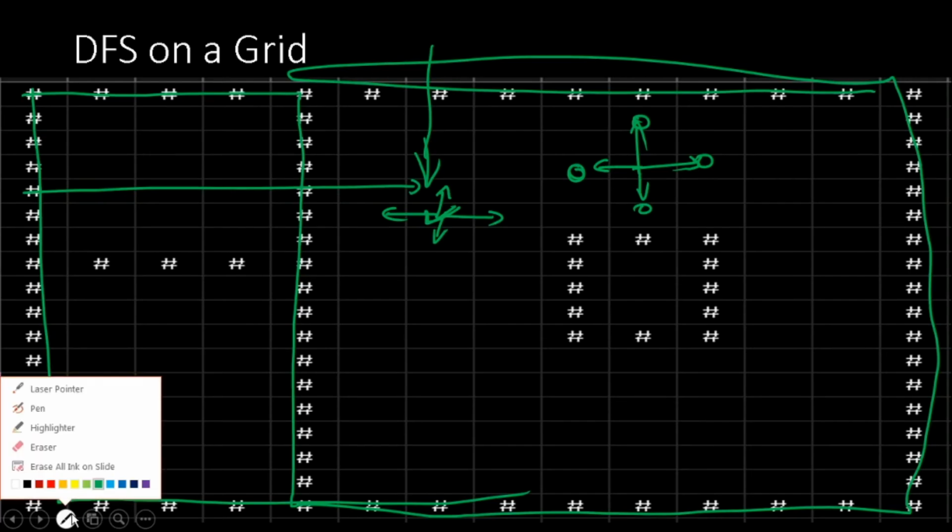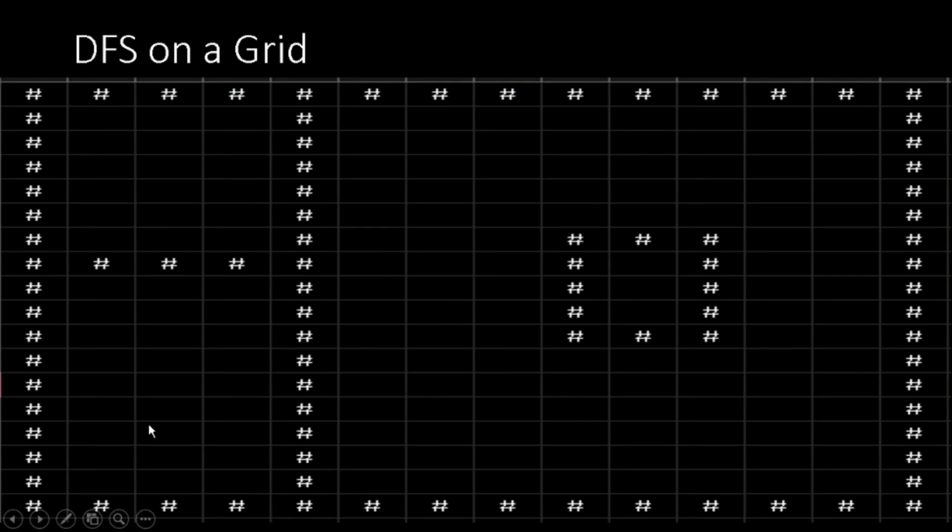What that means is, let us say you are in this location, okay? For some reason, let us assume that this was a valid location. So you are allowed to make 4 moves. You can move left, you can move right, you can move down, or you can move up. The problem is, if you are trying to move up, you are trying to enter a location that is out of the bound of the array.